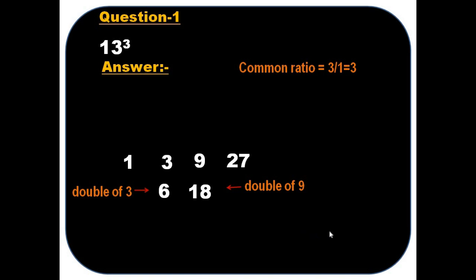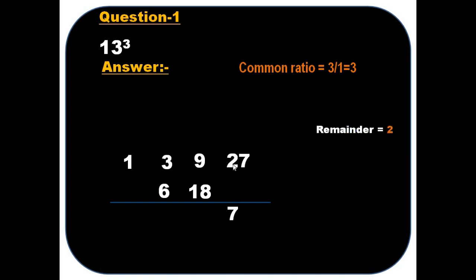Now we are going to add these two rows. Okay, the first is 27. We are adding, just write 7 and put aside 2 as the remainder. 27, 7, 2 as the remainder. Now add these two with this remainder.